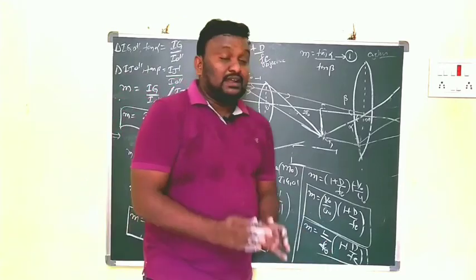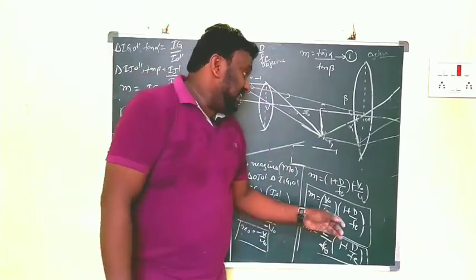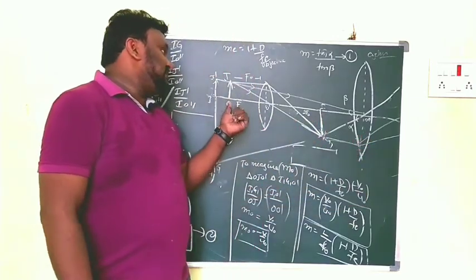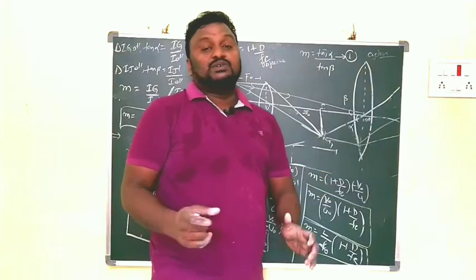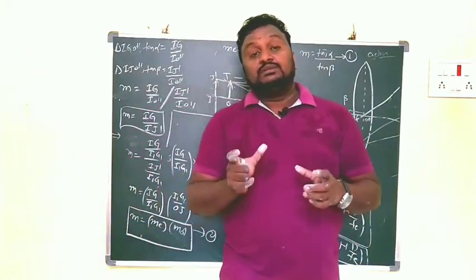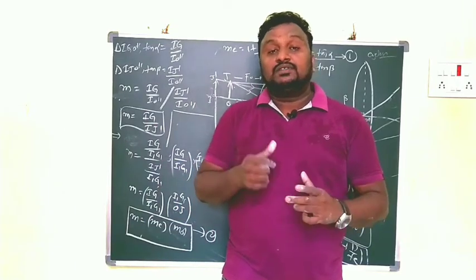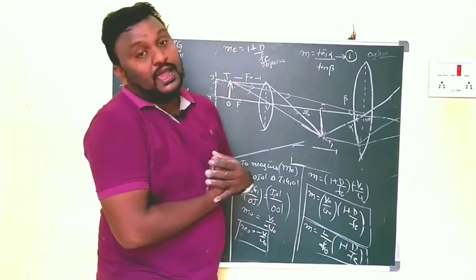Here L is the length of the microscope, between the two lenses. When the object is placed exactly at the focus, the image is very close to the eye lens, almost in between the two lenses. That's why the image distance is the length of the microscope. Then L by F0 into 1 plus D by Fe.